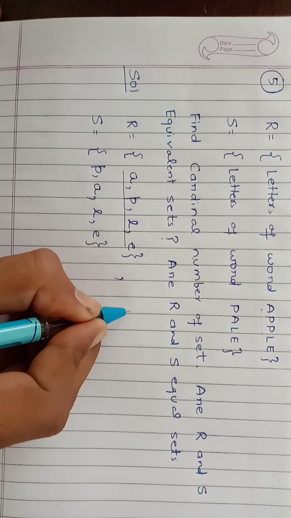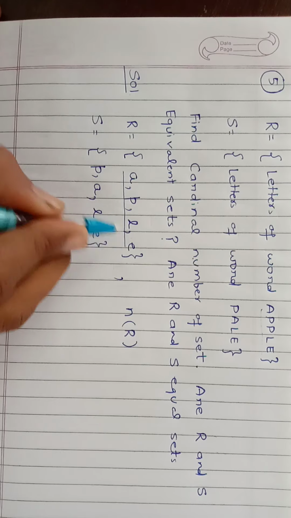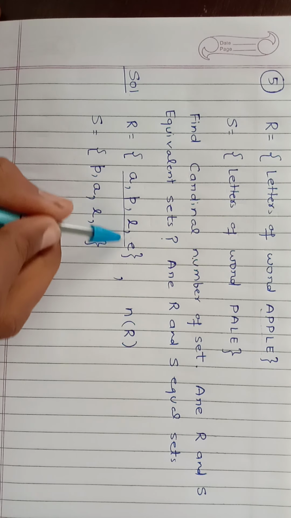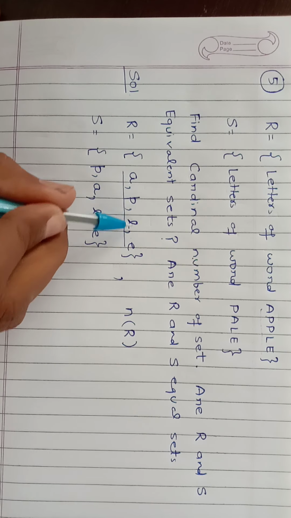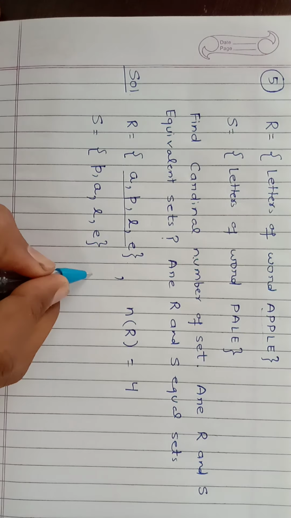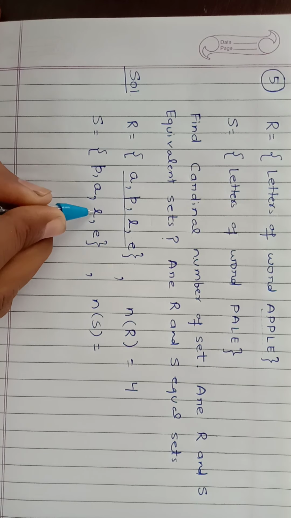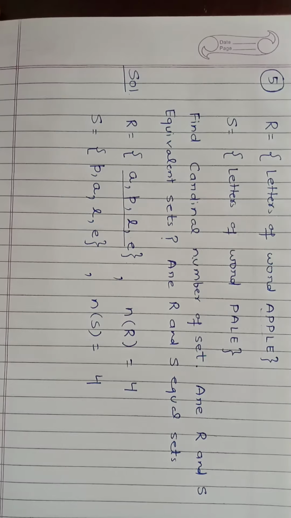We have to find the cardinal number. n(R), how many elements are there? 1 2 3 4. 4. Same way you can find of S. 1 2 3 4. Here also 4.